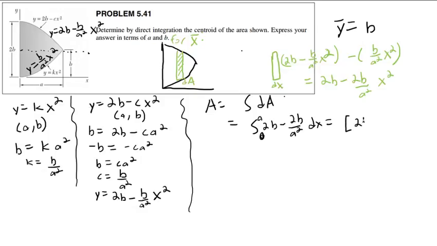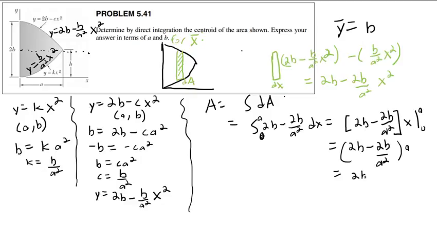So 2b minus 2b over a squared x evaluated from 0 to a, which is then 2b minus 2b over a squared times a, which is 2ba minus 2b over a.